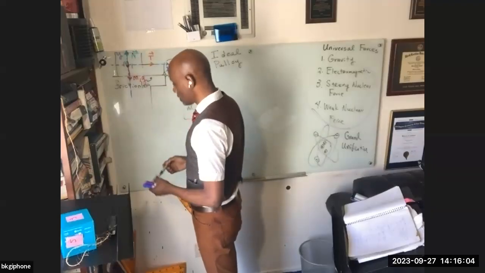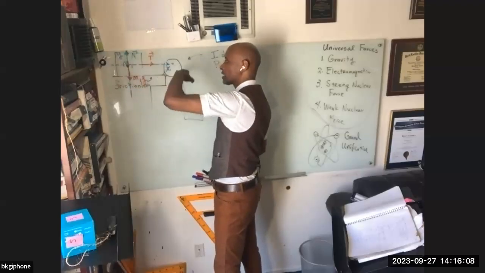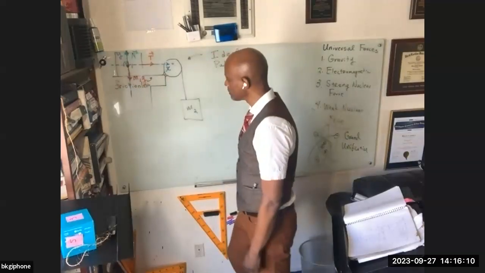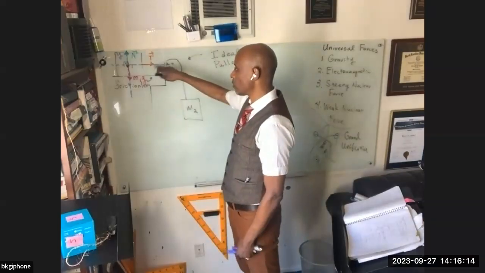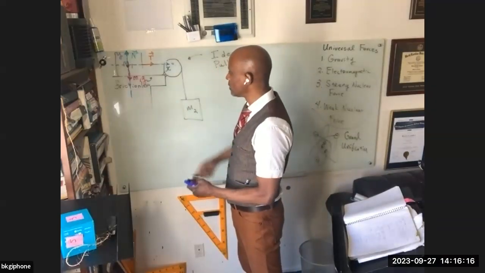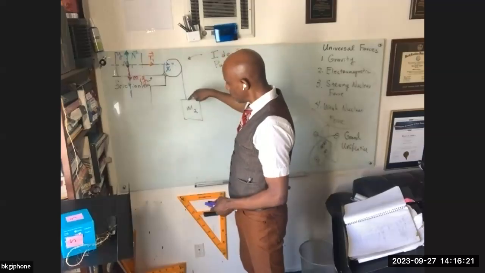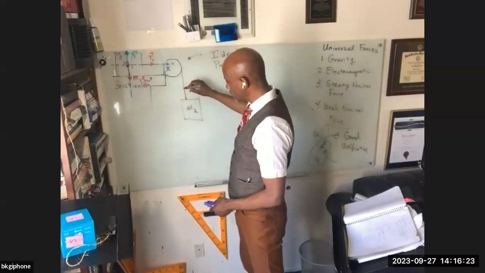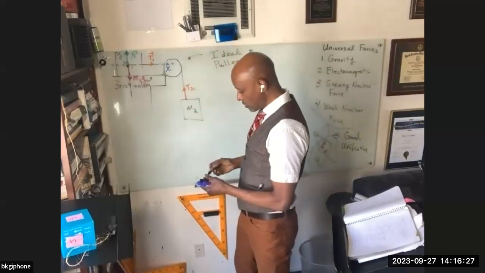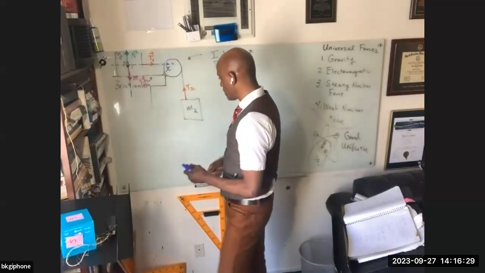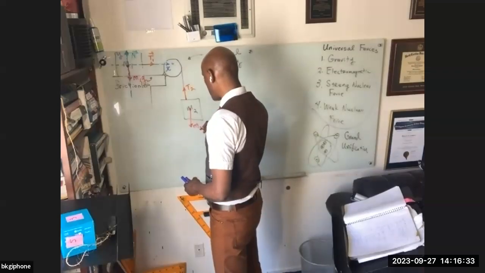So 3 forces. 2 along the y direction, 1 along the x direction. Now, I could call this tension 1. In fact, I'll do that right now. Tension 1. And of course, there's a tension force on block 2 here. And the only other force that block 2 has on it is the weight of block 2, which again, from the center of mass, M2G down.